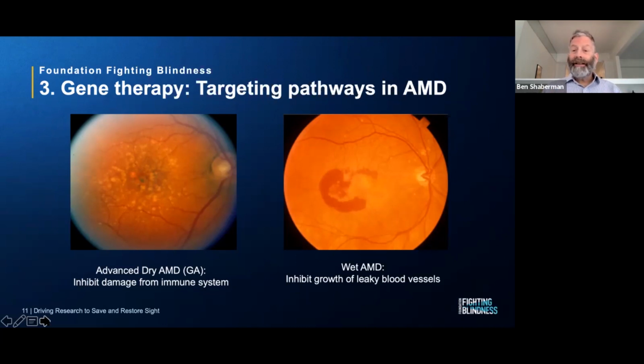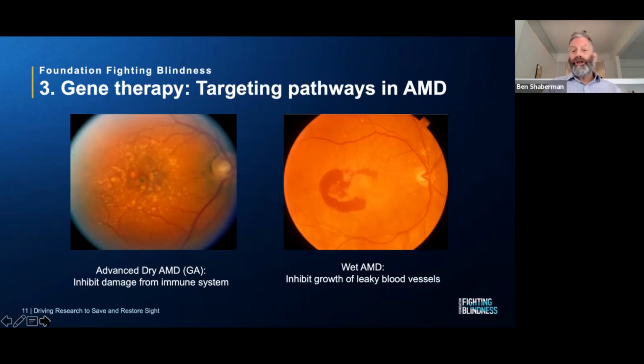And they're doing that now in clinical trials, at least that's the hope, through a gene therapy that produces a protein to inhibit the complement system. There are a few clinical trials underway right now for gene therapies to do that. They're targeting people with advanced dry AMD, which we often refer to as geographic atrophy or GA. So that's for the dry form of AMD.